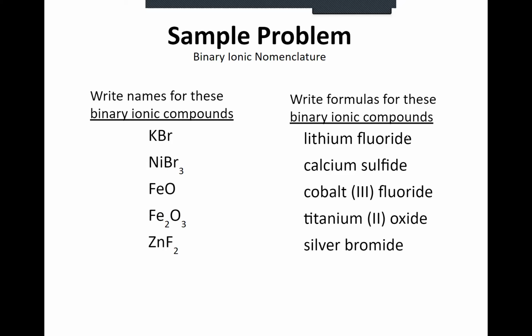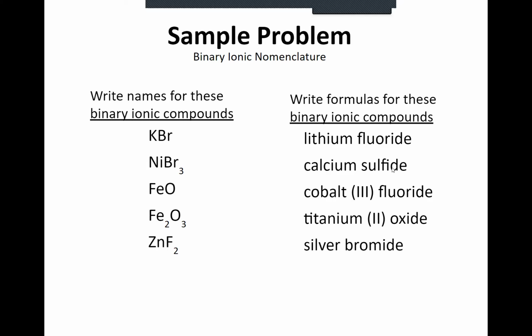So a +1 lithium and a -1 fluorine would pair in such a way as to have one atom of each, making a neutral compound. So the formula is simply LiF. If you prefer to write the subscript 1, Li1, F1, you could, but it's not necessary, and most chemists don't do that.